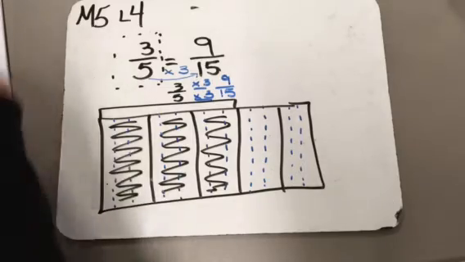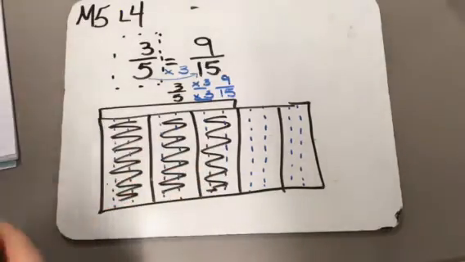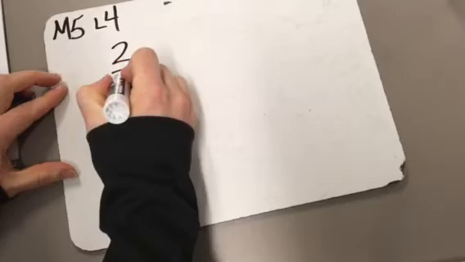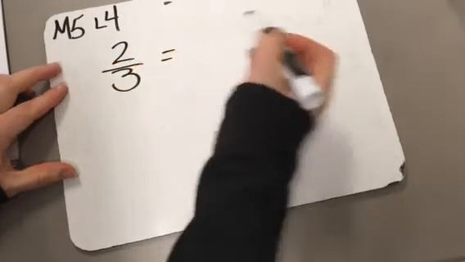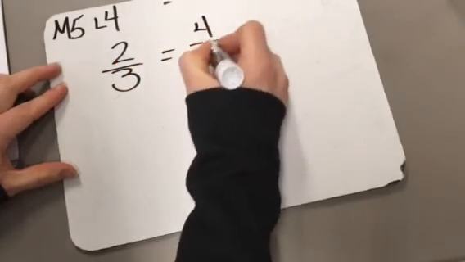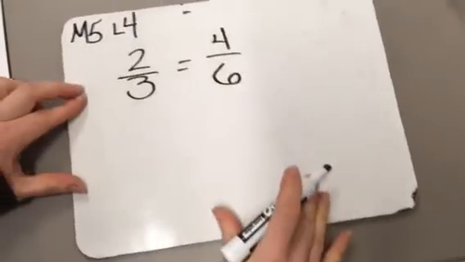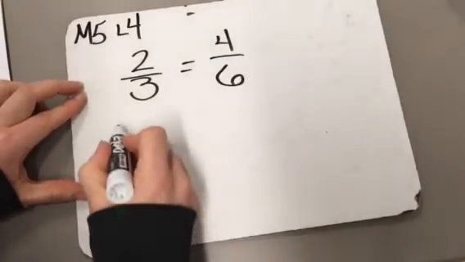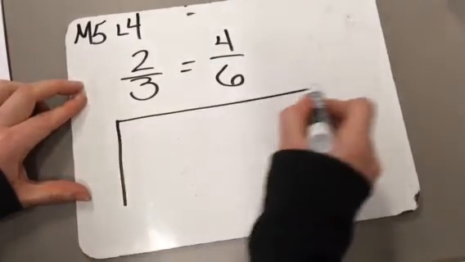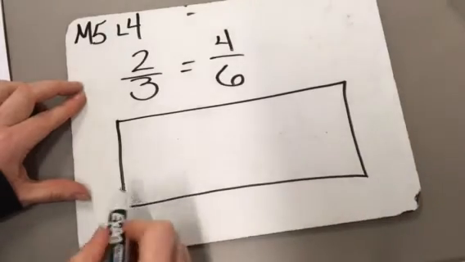All right, we're going to do another one that's just a hair easier. Pause if you need to. Now remember, I should be seeing all this stuff in your notebook. Let's prove that 2/3 is equivalent to 4/6. I have to prove it or disprove it, say it doesn't work. 2/3, 4/6.